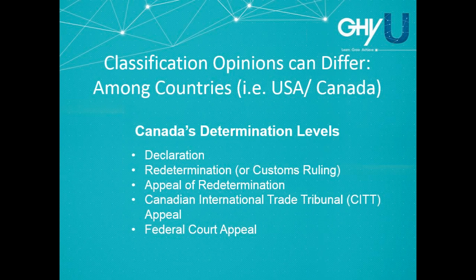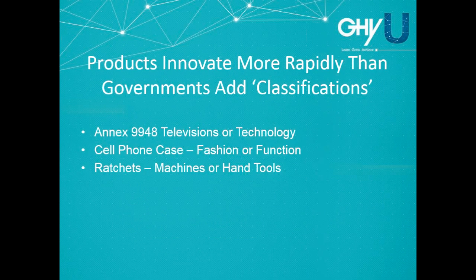Let's say that we have a customs ruling and we don't agree with it. We can go right to the Canadian International Trade Tribunal appeal, and we can even take it all the way to federal court. It's your decision, right? So if customs comes back and says, okay, this is your tariff classification, and this is where you should classify your gizmo, but you don't agree with it, you do have options. If you're paying a high duty rate, you might want to look into it further.